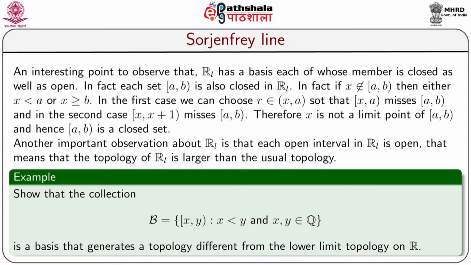We know from elementary real analysis that no open interval is closed in R, but in the Sorgenfrey line we will observe that every basic open set is also closed, that is, in the lower limit topology.